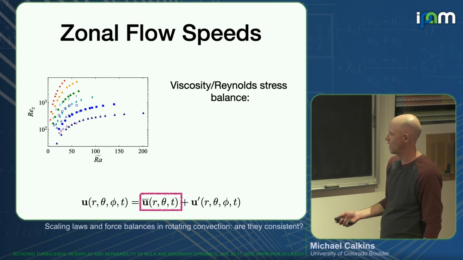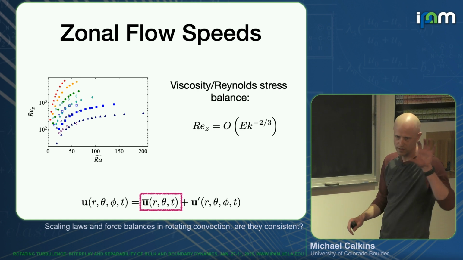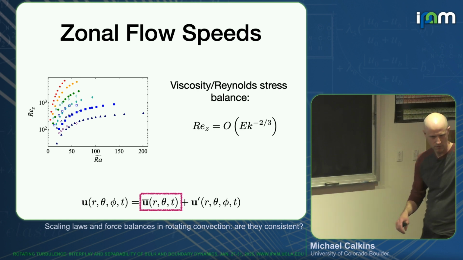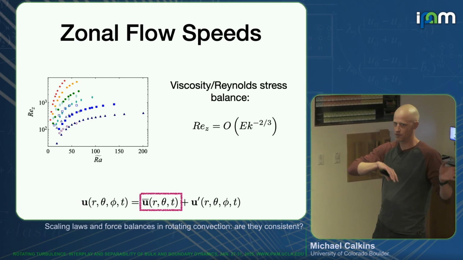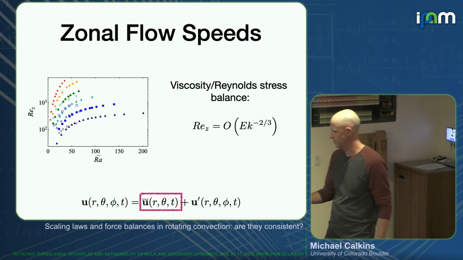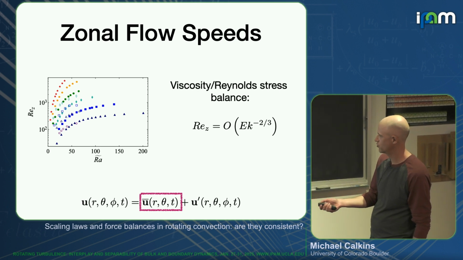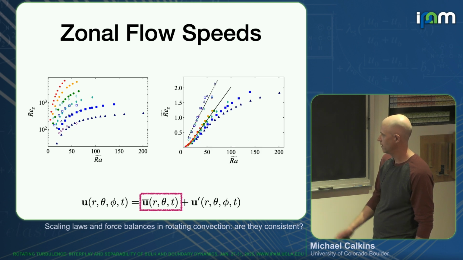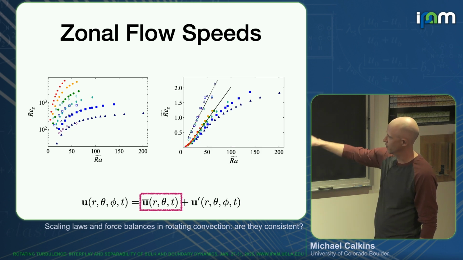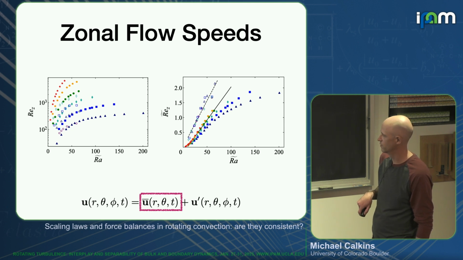If you know how the divergence of the Reynolds stresses scales, which we do from the small scale convection, then you can predict how the zonal flow scales with Ekman for these simulations. It has a much stronger scaling on the Ekman number, Ekman to the minus 2/3. This is a plot showing the reduced zonal Reynolds number as a function of reduced Rayleigh number, and it does a pretty good job.